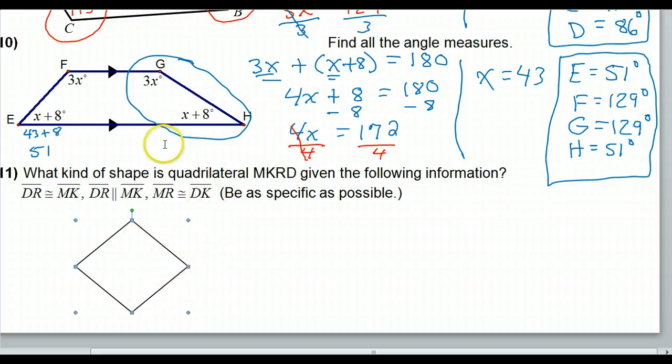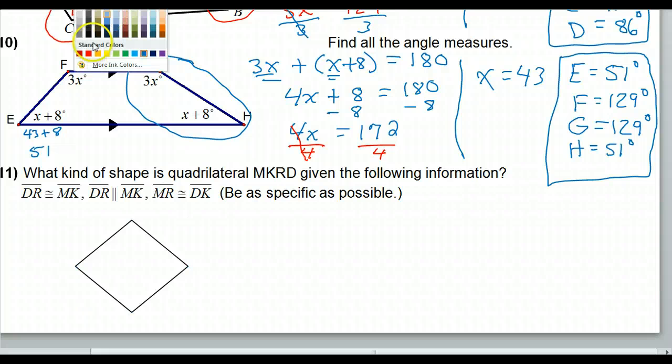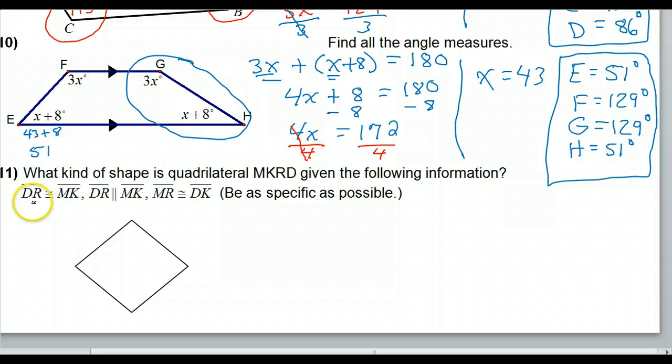We have no idea. So let's just mark things as we go. Okay, so first some letters. So this is M, K, R, D. You can letter it any way you want, but go in order around the shape.